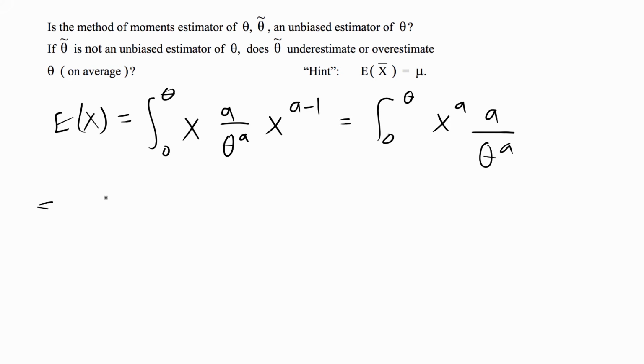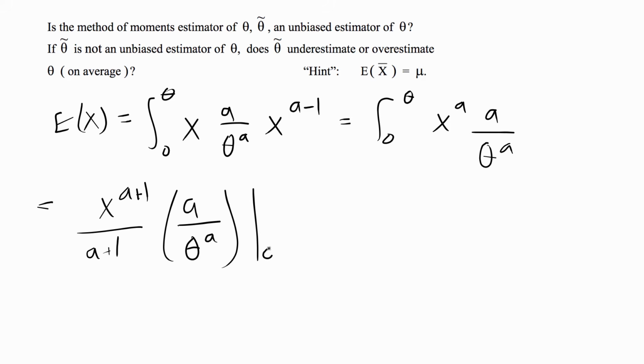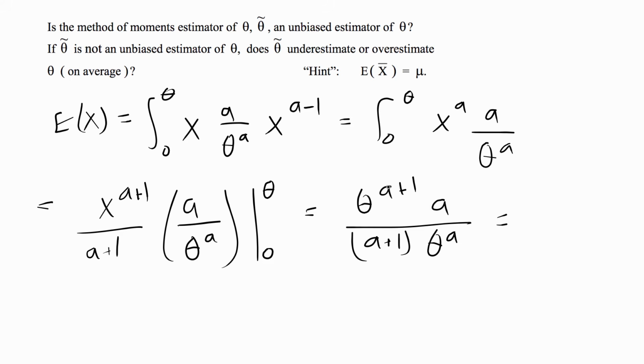When we integrate that, that's going to be x to the a plus 1 over a plus 1 times a over theta to the a, from 0 to theta. Plugging in theta gives us theta to the a plus 1 times a over a plus 1 times theta to the a. We can cancel out a theta to the a, which gives us theta a over a plus 1.